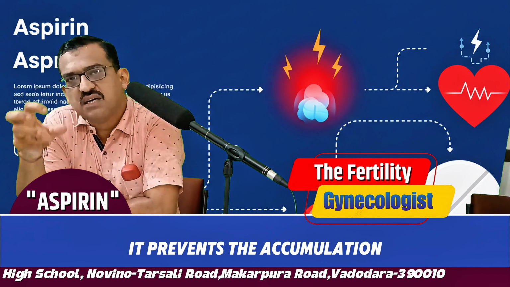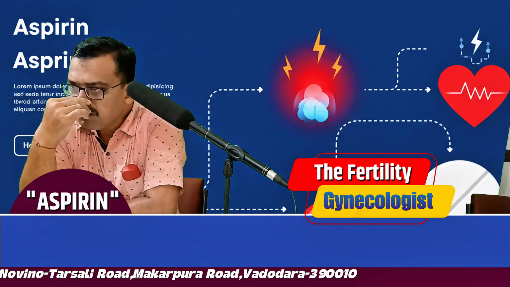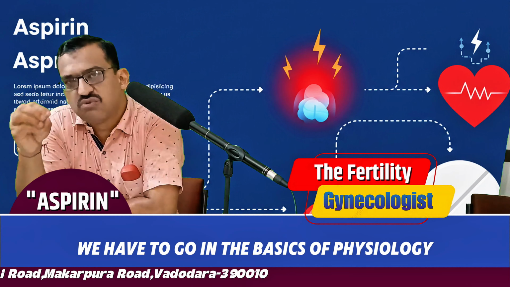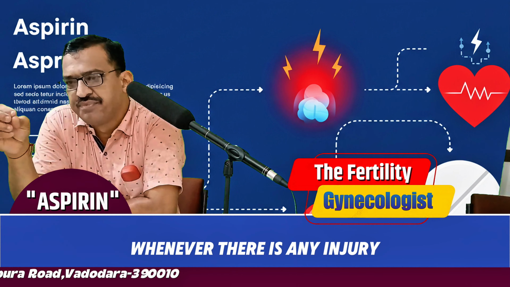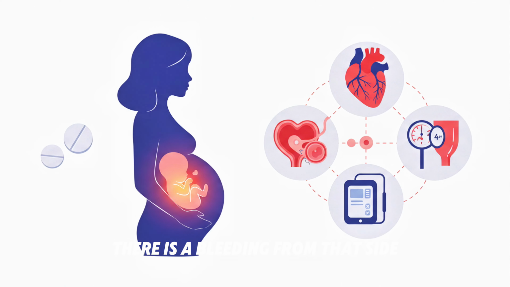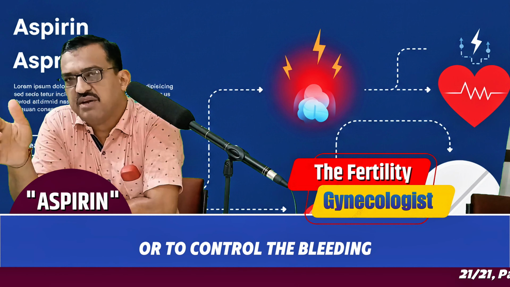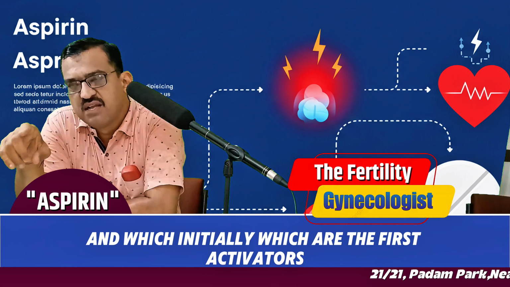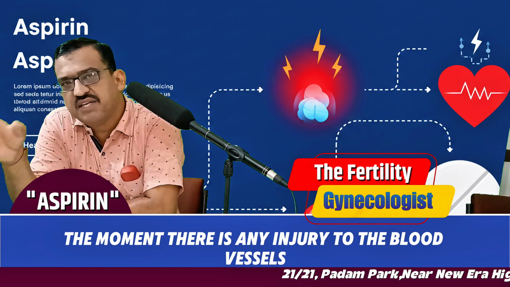It prevents the accumulation or formation of a platelet plug. Now what does this platelet plug do? To know what a platelet plug is, we have to go into the basics of physiology. Whenever there is any injury, there is bleeding from that site. There are two things in our body which God has given us to control the bleeding. One is the presence of clotting factors in blood, which are the first activators the moment there is any injury to the blood vessels.